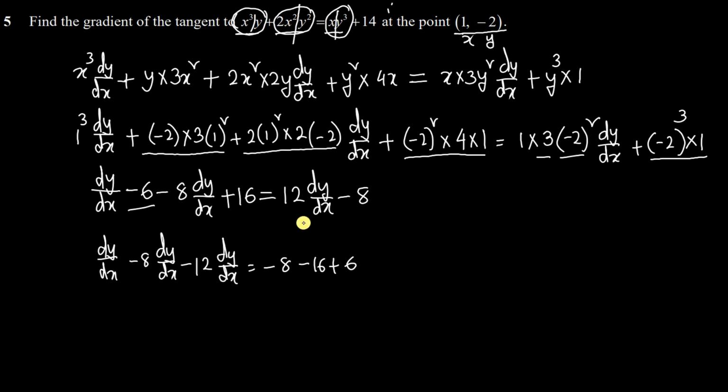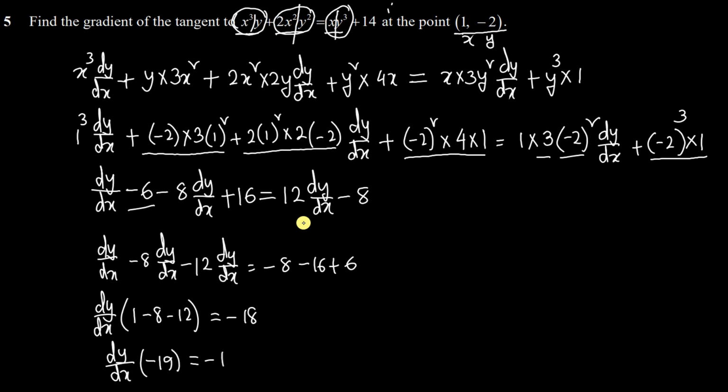Now we calculate here. If we take dy by dx common, the part is 1 minus 8 minus 12, and from the right side we got minus 18, and from the left side we got minus 19 dy by dx, which is minus 20 plus 1, minus 19.